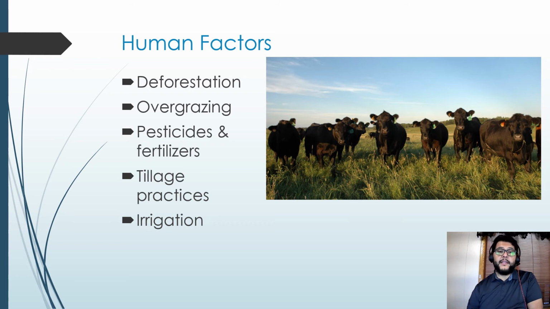And then of course, tillage is going to be whether or not you can actually break through the soil to allow the roots to aerate and stuff like that. That's going to play a huge role. And ultimately, it's irrigation, okay? Because all those other ones are going to play a big role. But then if you water it too much, that water will wash away the top layers of soil, and that can play a big role as well.